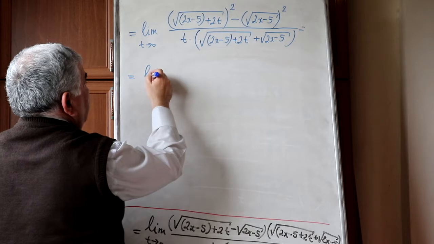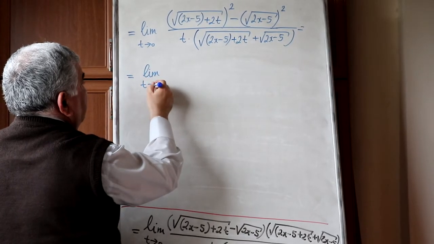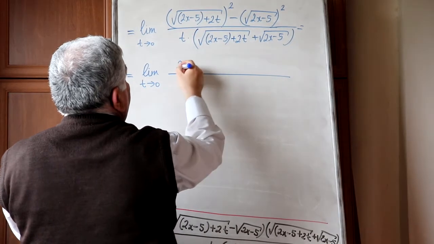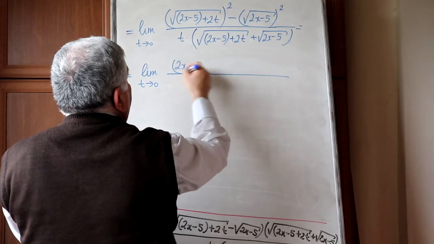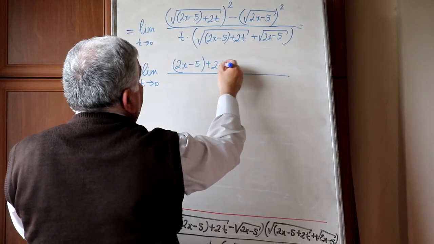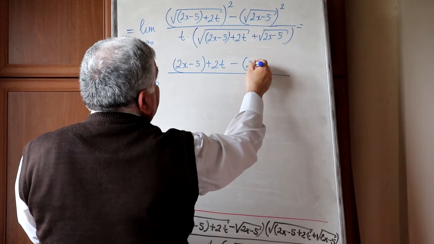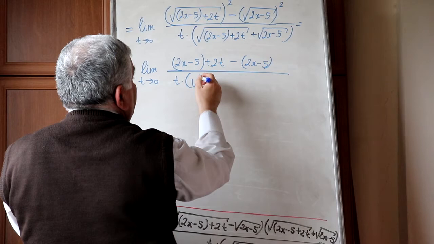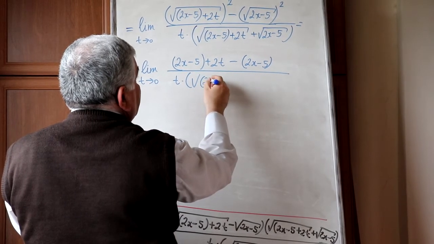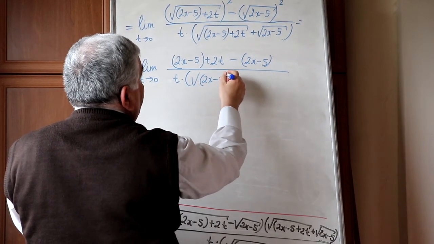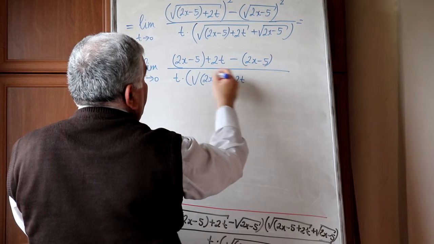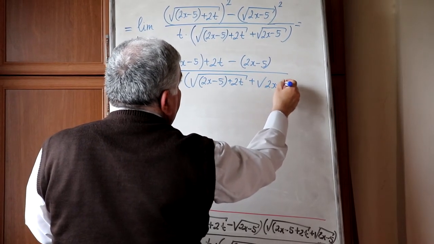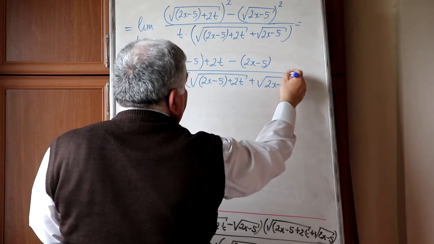Then limit when t tends to 0, it is 2x minus 5 plus 2t minus 2x minus 5, then t multiplied by square root of 2x minus 5 plus 2t plus square root of 2x minus 5, equals.